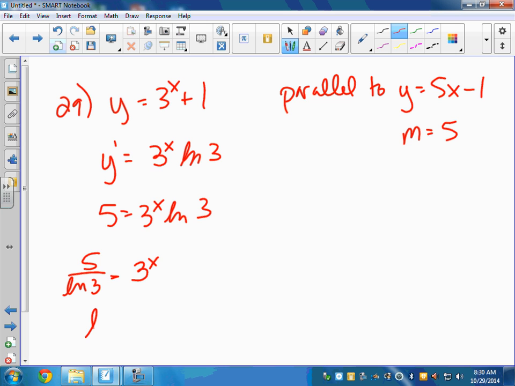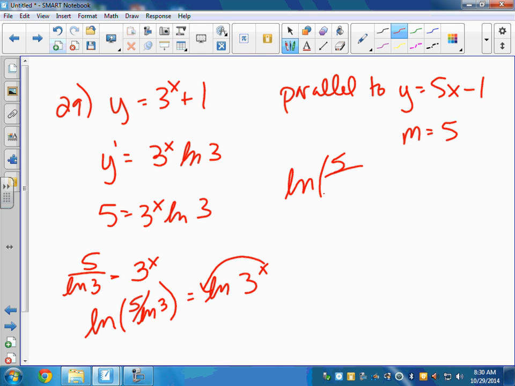So I have ln of 5 over ln of 3 equals ln of 3 to the x. The reason I do that is so I can bring that x out front using that property. So I would get ln of 5 over ln of 3, then divide by ln of 3 again and move that over. That's what I got as my x value.